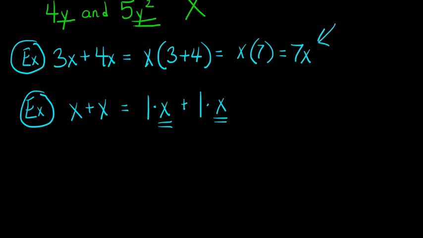So that's going to be equal to x times 1 plus 1, which is going to be the same as x times 2, or if I just turn that around, using my commutative property, 2x.